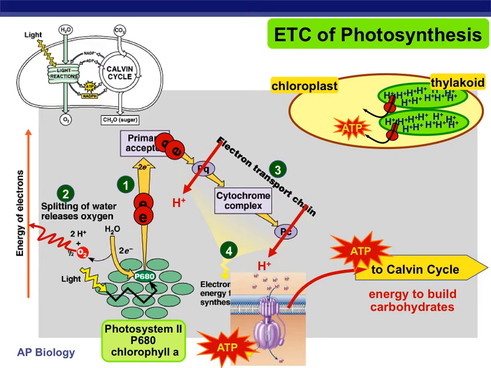As electrons pass through these complexes, they fall to a lower energy level, and that's going to provide energy for the synthesis of the ATP. So as electrons pass through these complexes, the hydrogens are going to be pumped into the thylakoid space, and that's going to contribute to this proton gradient that we talked about before, and then we can use them in chemiosmosis.